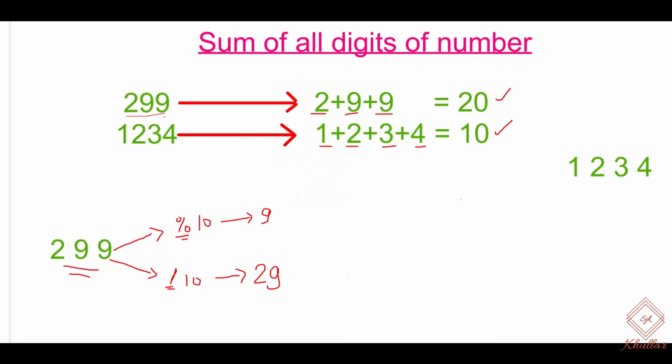So I am performing two operations on it, the modulus operation and the divide operation. When I perform modulus, we are getting the remainder back, and when we perform 299 divided by 10, we are getting our number back.